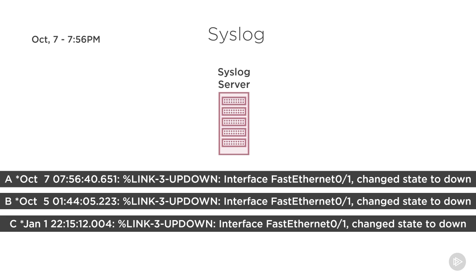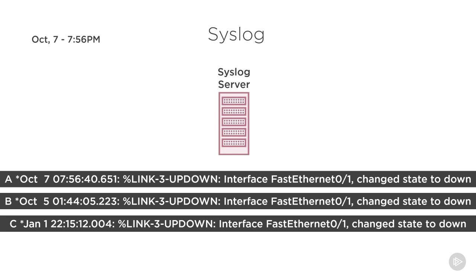If we look in the list here, though, it looks like router A sent that at the correct time, but router B's date is set to October 5th at 1:44, and router C's time is set to January 1st, 10:15 p.m. So even though all three of these devices had the same event happen at the same exact time, and they all properly sent their messages to the Syslog server, the Syslog server recorded those times as distinct and unique because the routers that sent them all had different timestamps configured.